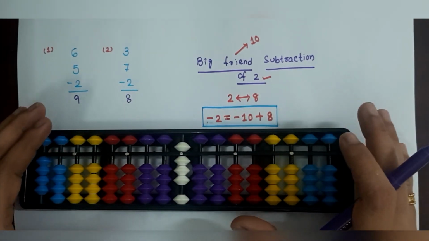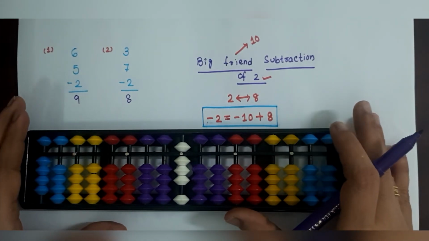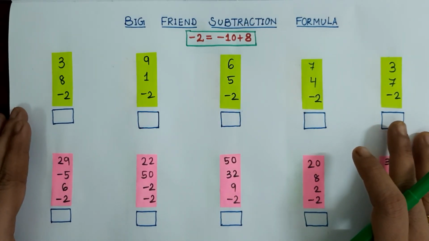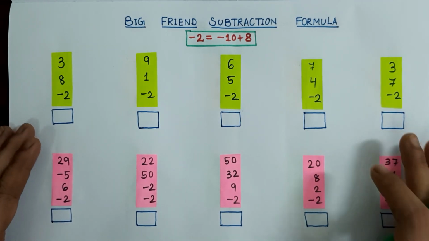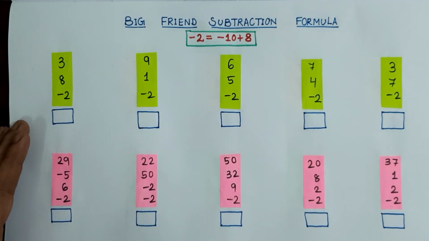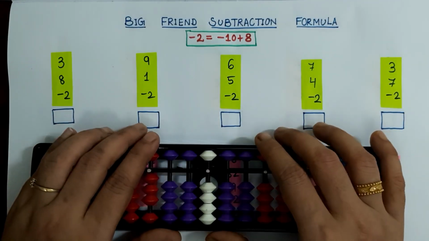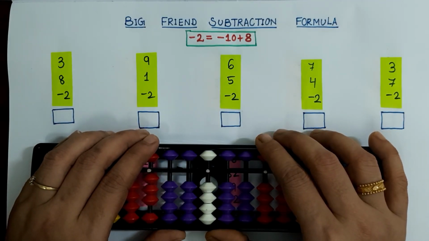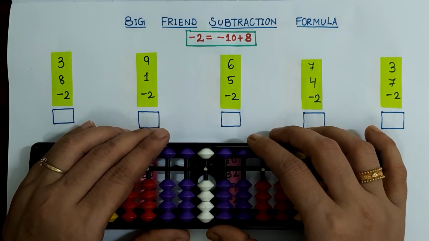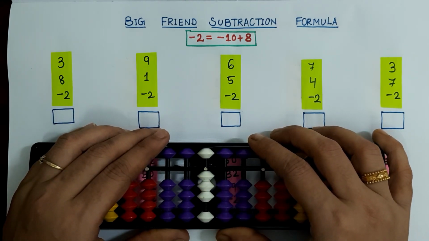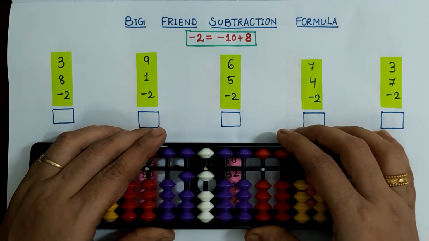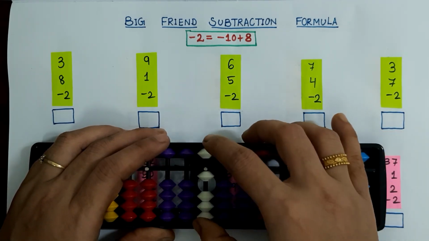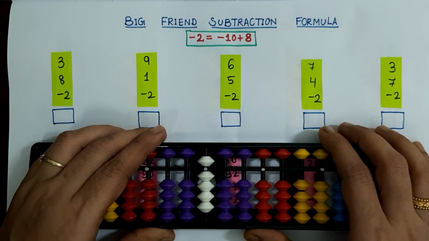Now I hope this concept is well understood by you all. Now I am going to solve these 10 sums based on the formula minus 2 is minus 10 plus 8. The first sum is 3 plus 8 minus 2. 3 plus 8 is plus 10 minus 2, minus 2 is minus 10 plus 8, answer is 9.